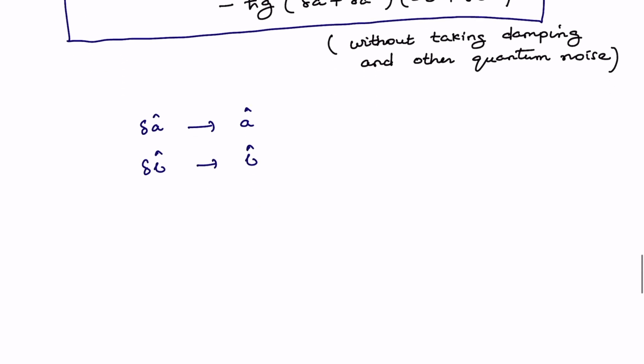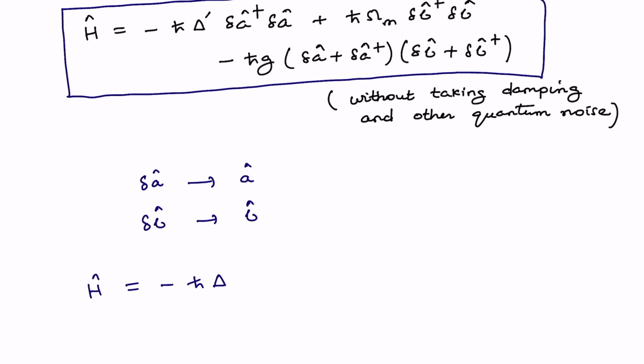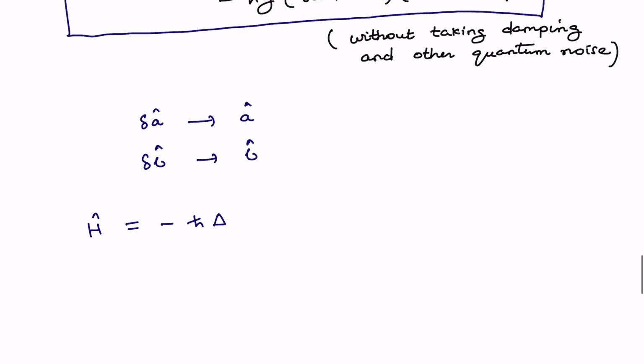Okay, so in that case our linearized optomechanical Hamiltonian that we are going to consider from now onwards should be minus h bar delta, and even delta dash I am now writing as simply delta, because this delta and delta dash are nearly the same. So let me just write it as delta, and here I have a dagger a, and the second term is h bar omega m b dagger b.